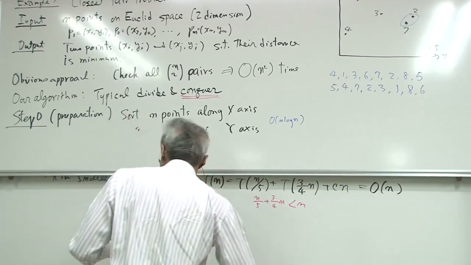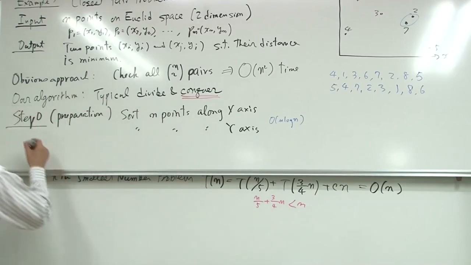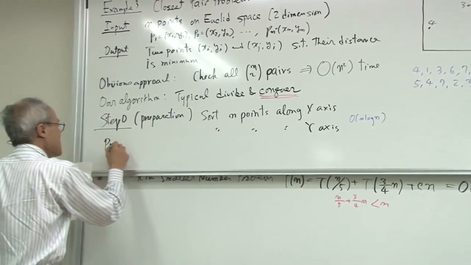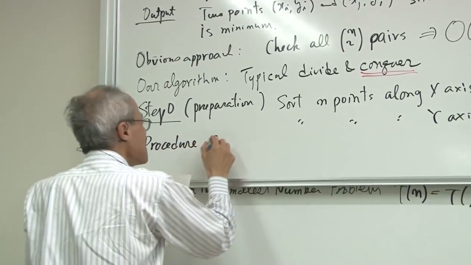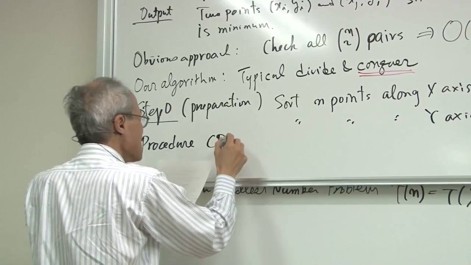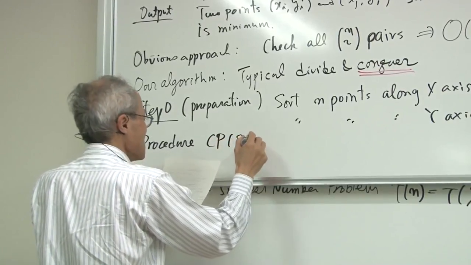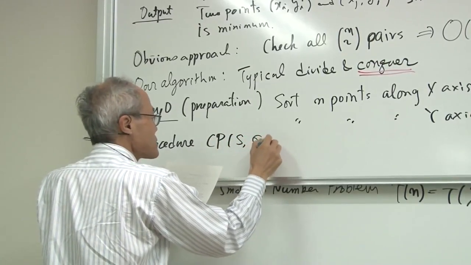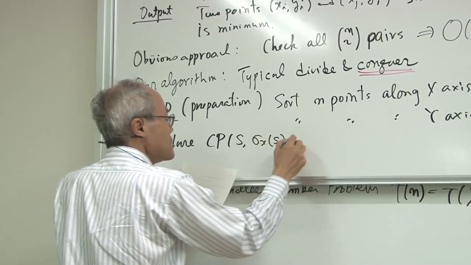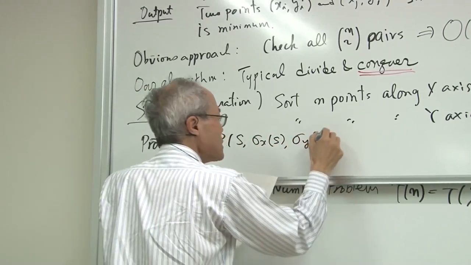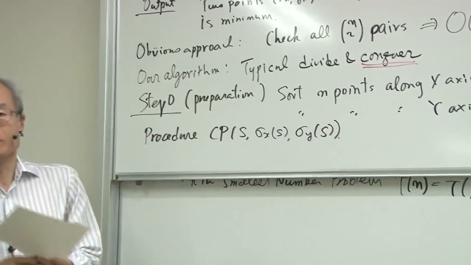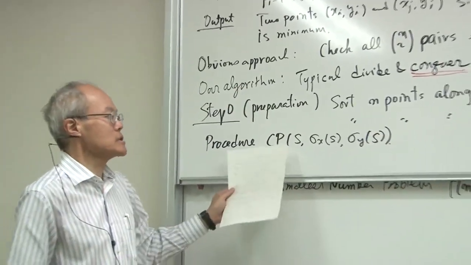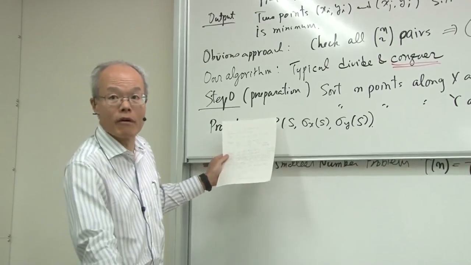Now we are getting into the main part. Now this procedure CP, closest pair, takes S, sigma x, and sigma y. What is S? S is a set of points, of course.